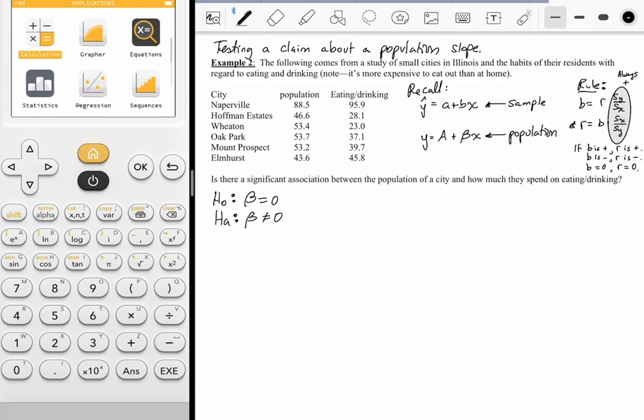But in this instance, it is a linear regression t-test, so I'm going to draw a t-distribution, two-tailed because it's a not equal to symbol. They did not tell me what the alpha value is, so I'm going to assume alpha, so I'll let alpha equal 0.05. So 0.025 on either side. Right, I need my critical values.